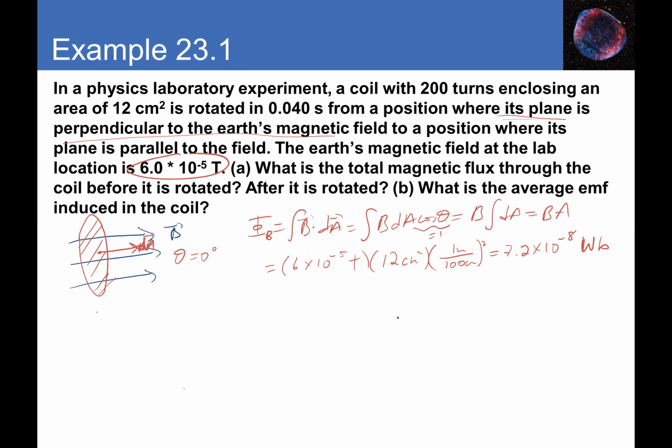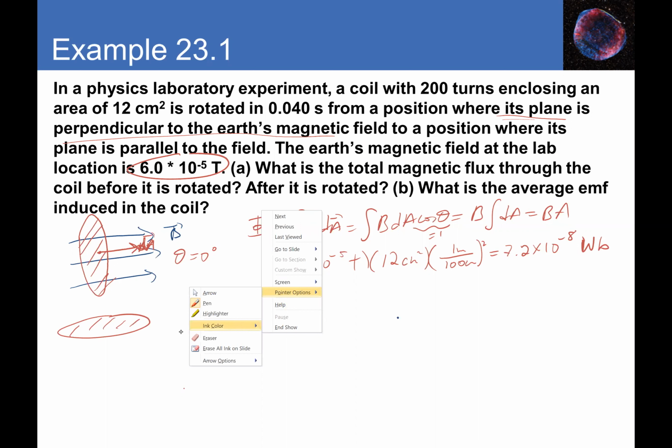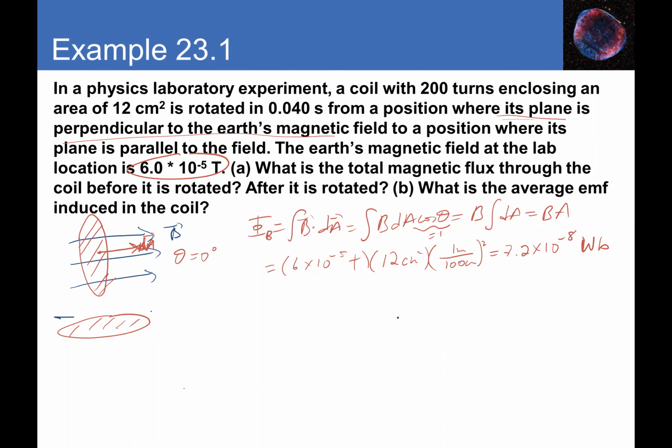Then I change the orientation to like this. This is my plane, and the magnetic field is like that. The direction of the magnetic field doesn't change, but I change the orientation of the coil that was perpendicular to the field, where theta was 0 degrees because of dA.